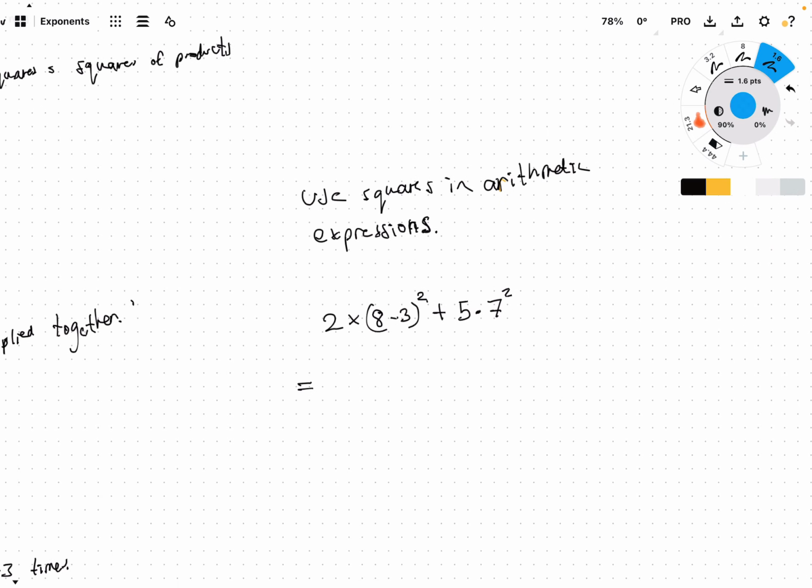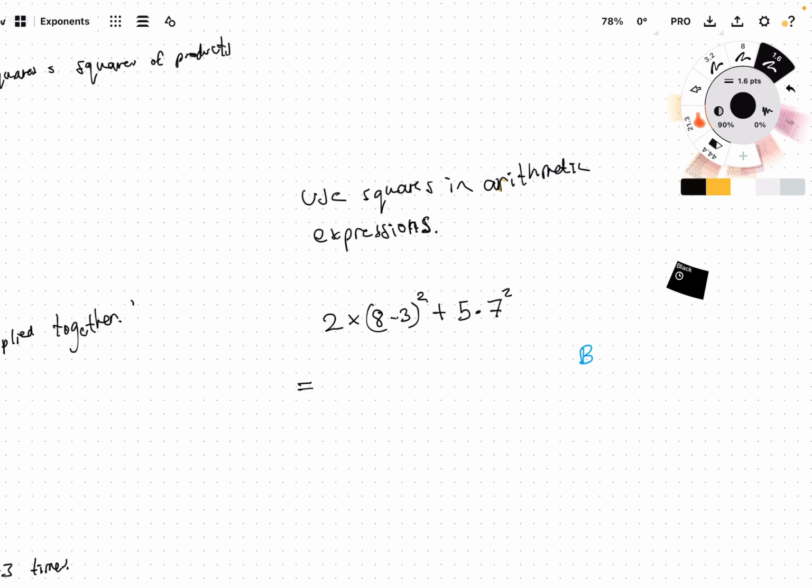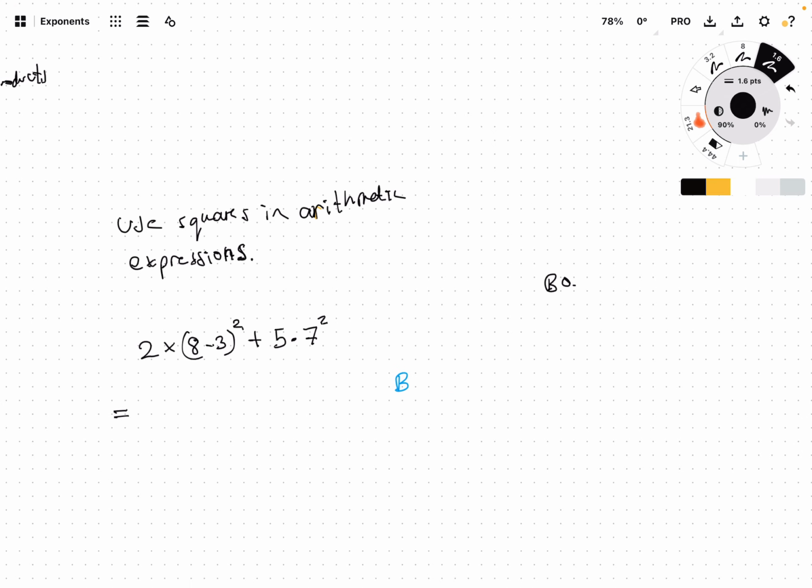So in BODMAS, what do you do first? You do brackets first. B is brackets. I know that different schools teach different systems, like BODMAS is what I usually use, which means brackets, order is powers.